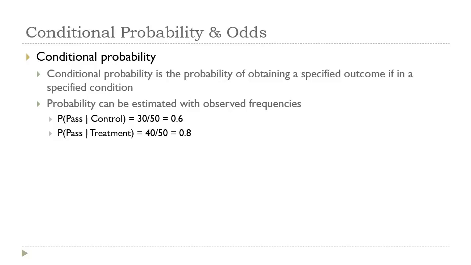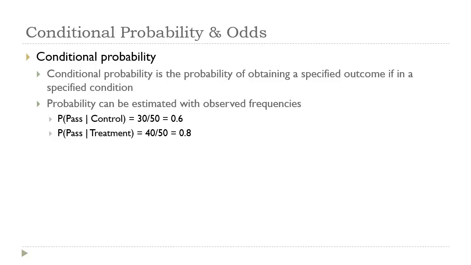So here, if we're going to calculate the probability of a pass conditioned on the control group, then we're going to take just the 50 people in the control group, calculate the 30 out of 50, and our estimation of the probability of passing is 0.6 or 60%.